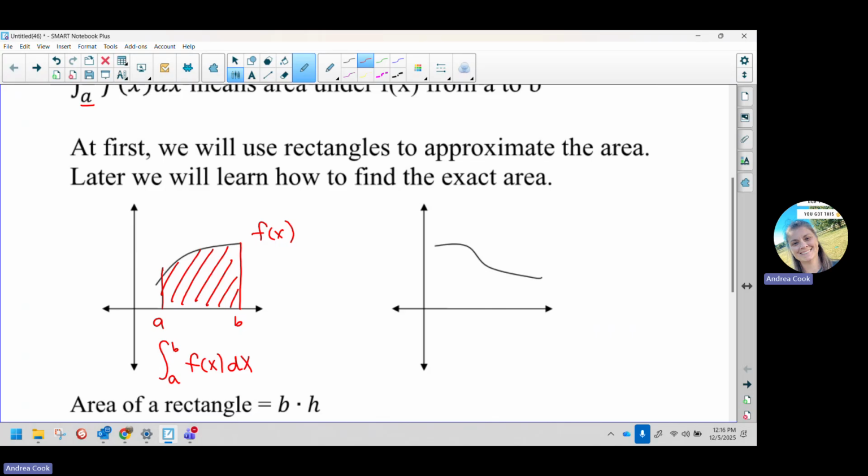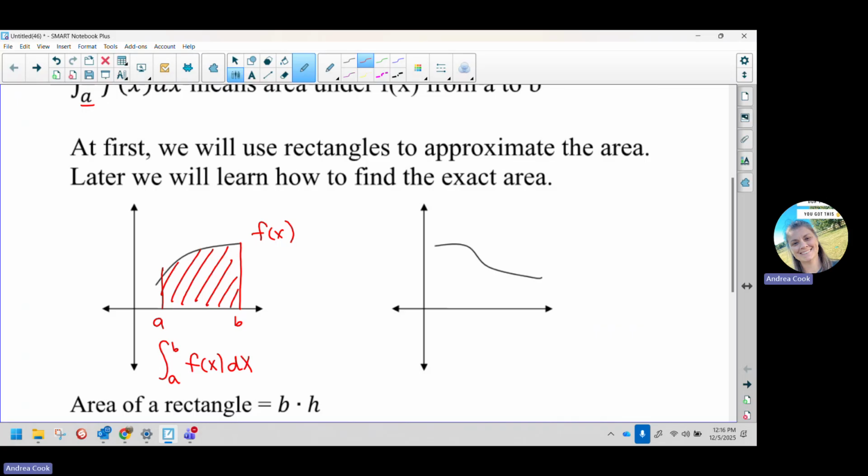So this notation means you are calculating the area under the curve, but you're stopping at the x-axis. All right, we're not going below the x-axis. We are bounding it by the x-axis.